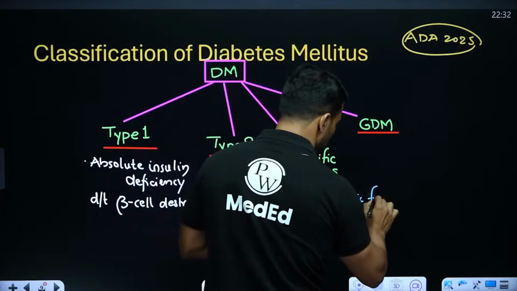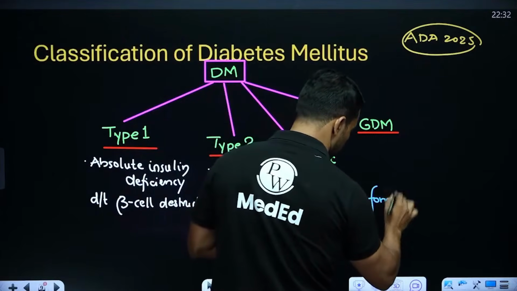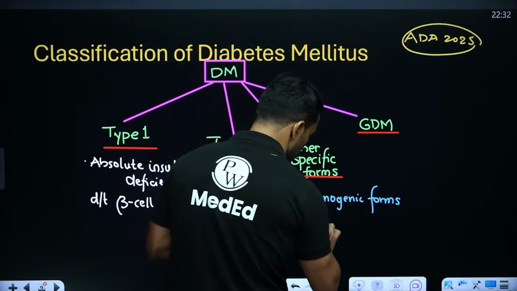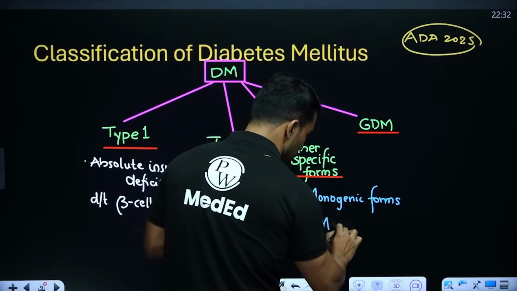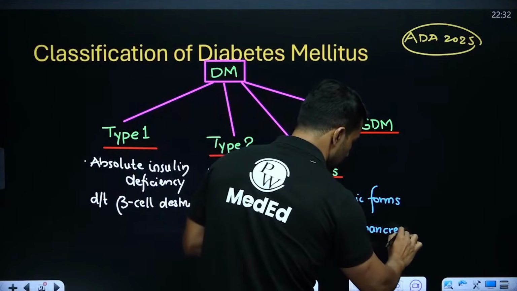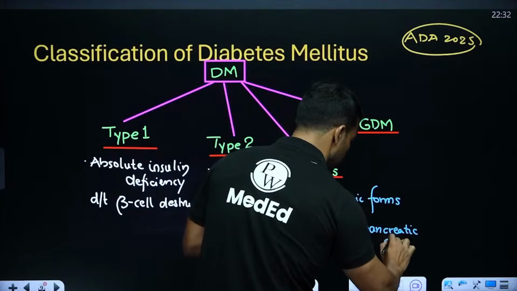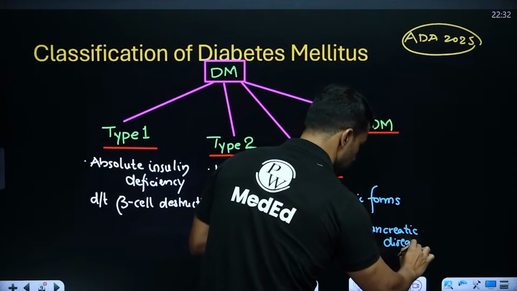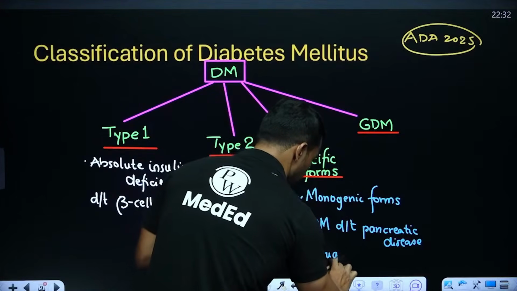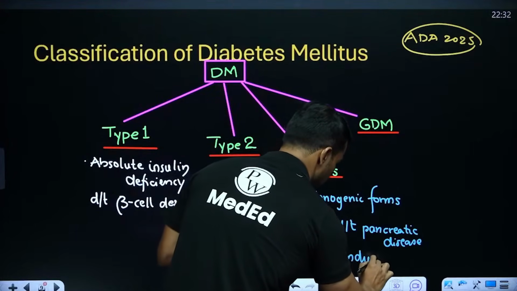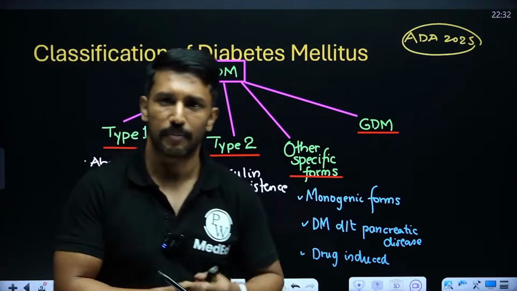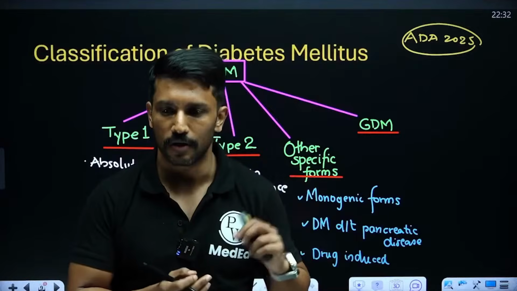Then second, diabetes due to pancreatic disease. Then drug induced. The list goes on and on. I'm just reiterating the important ones. So can anybody name which drugs can cause diabetes? Drug induced diabetes or drug induced hyperglycemia?